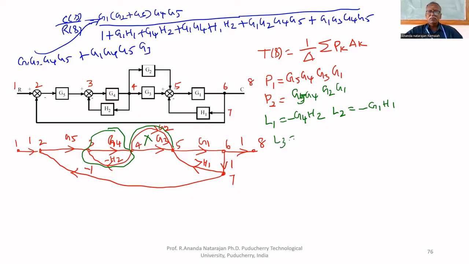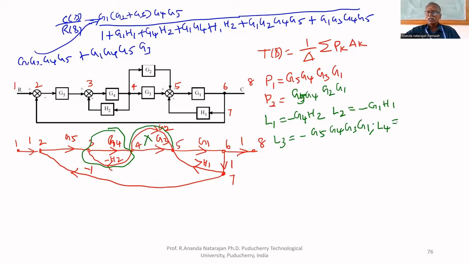L3 equal to minus G5, G4, G3, G1. That's all. L4 equal to another path we can find 2, 3, 4, G2, 5, 6, 7.